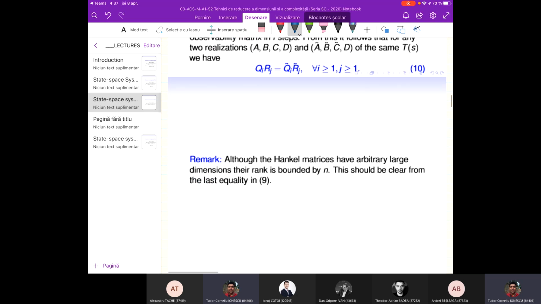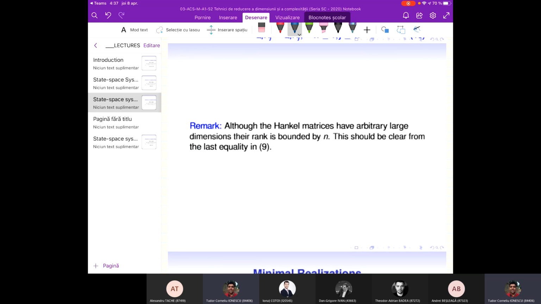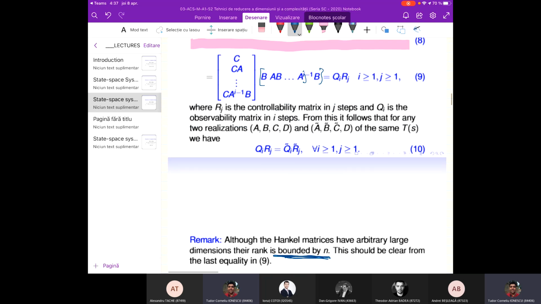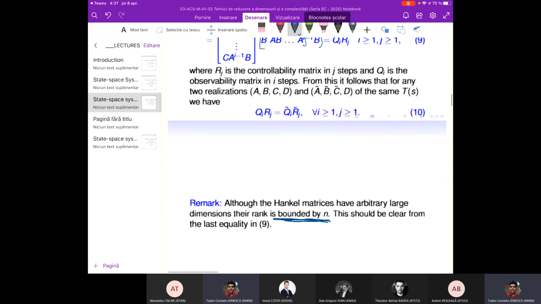Although the Hankel matrices have arbitrarily large dimensions, note that their rank is bounded by n, the dimension of the system. Now the question is, bounded by n, but is n the minimal dimension?